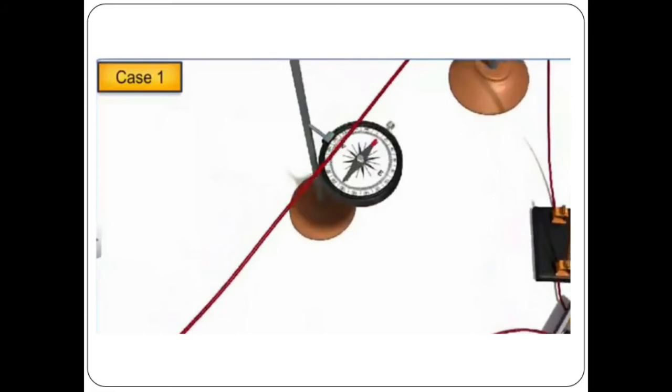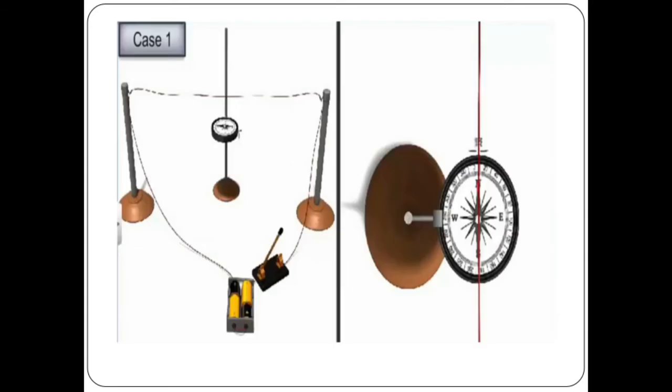Just place a magnetic needle under the current carrying wire like this. By holding it on some stand, the magnetic compass is held under the current carrying wire, and now no current is passing through the wire, there is no deflection, it shows the direction south to north.